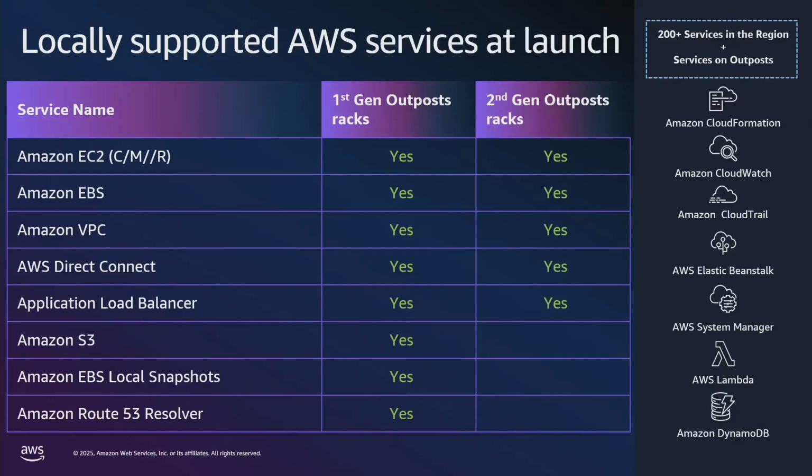Then the Gen 1 rack has S3 local snapshots and Route 53 resolver, whereas they're not available in the Gen 2 rack. Both racks support CloudFormation, Terraform if you like Terraform, CloudWatch, CloudTrail, so all the APIs are the same. And once you have the rack up and running, it is on your console and it looks like another AZ. So the user experience once it's running is very consistent.